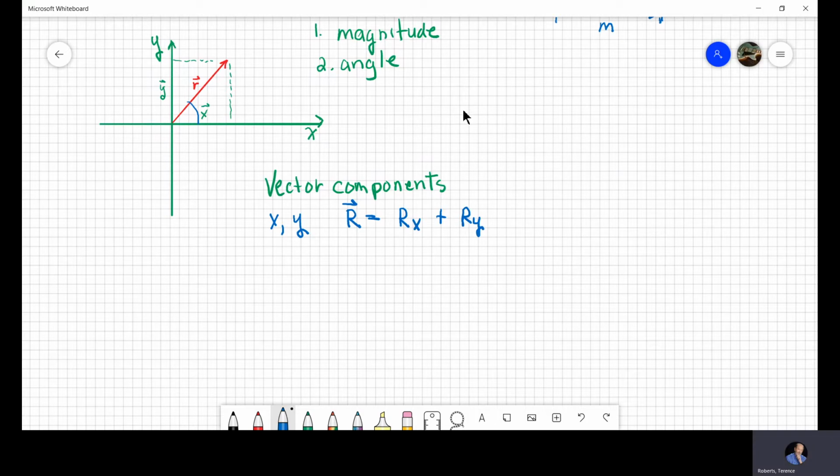Now let's say we know, I'll put up some numbers here, that r of x is equal to 5, and r of y is equal to 4.